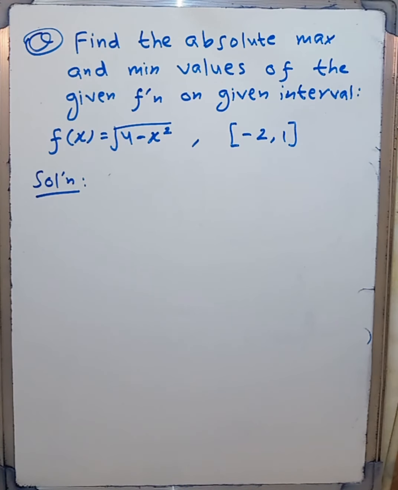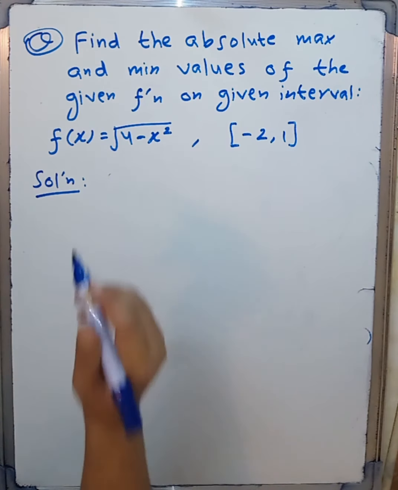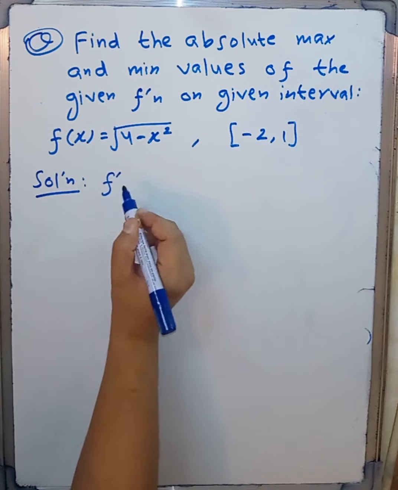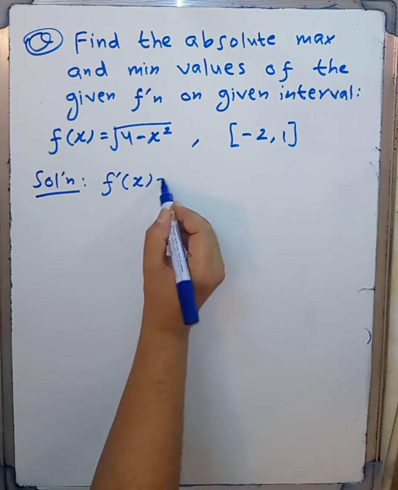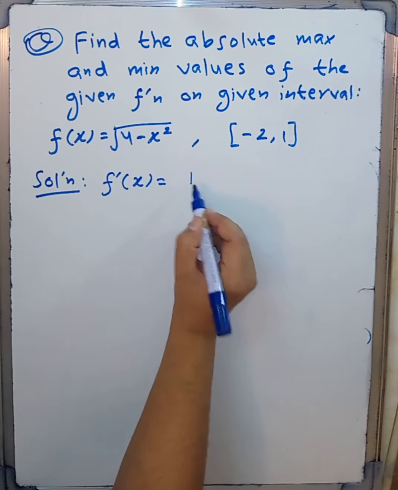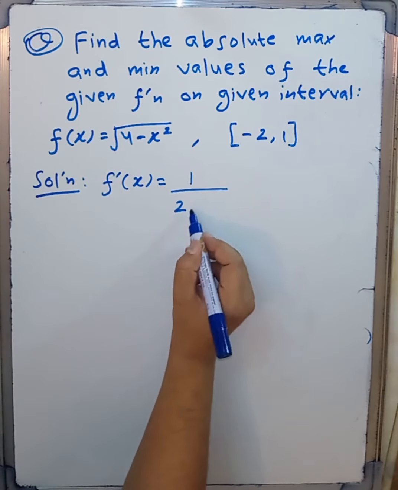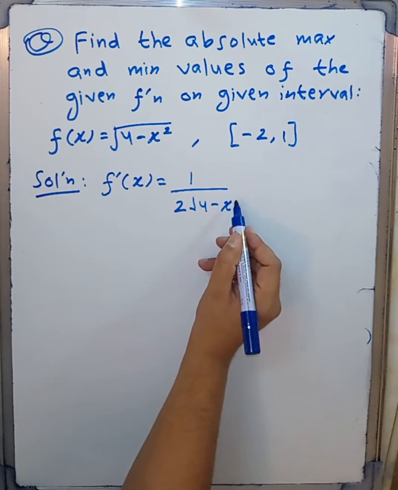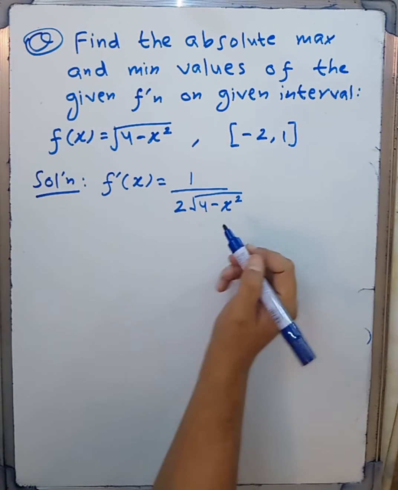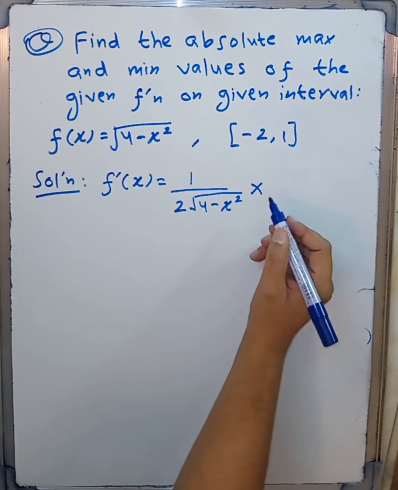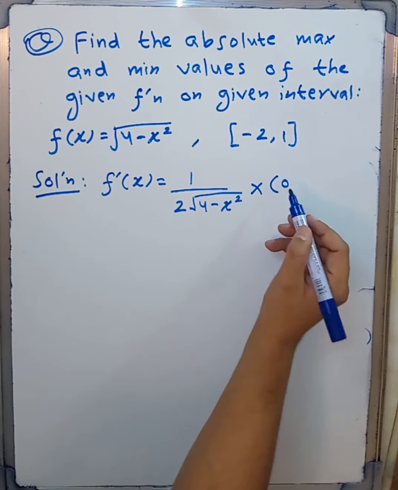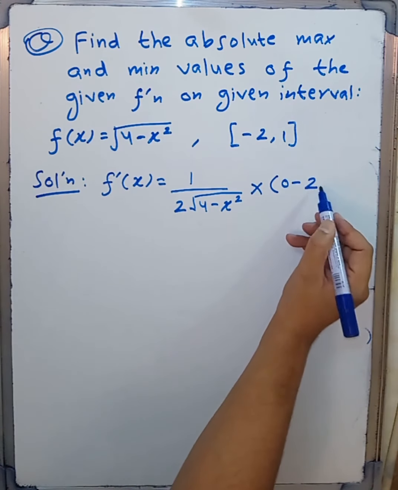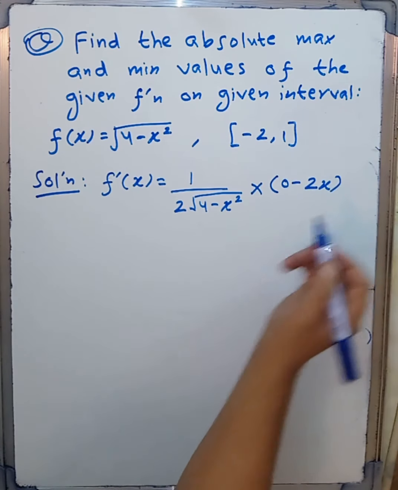So first let us differentiate the function f(x). Using chain rule, f prime x will be equal to 1 by 2 square root 4 minus x square multiplied by 0 minus 2x.